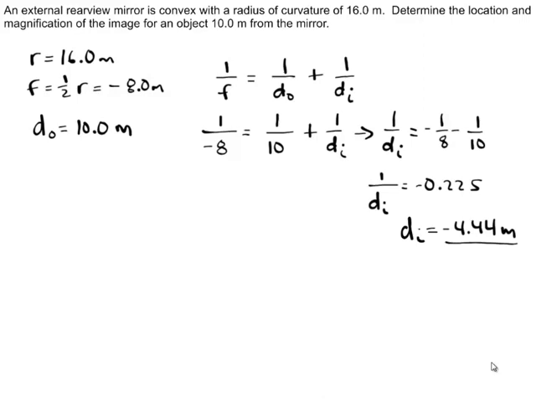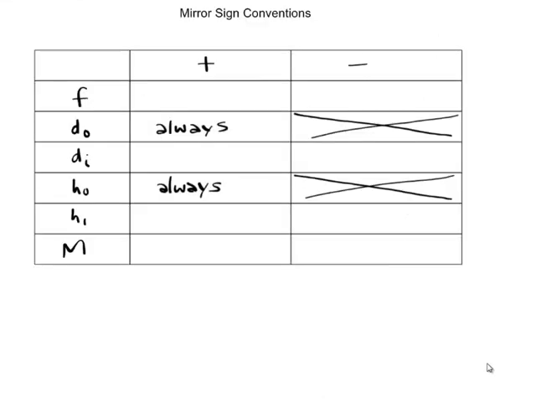I'm actually going to do a chart right now just to help you keep track of these things. Okay, so the plus signs and the minus signs of these quantities can tell you a lot about your image. Let's start off first of all with the focal length. A positive focal length means I have a concave or converging mirror.